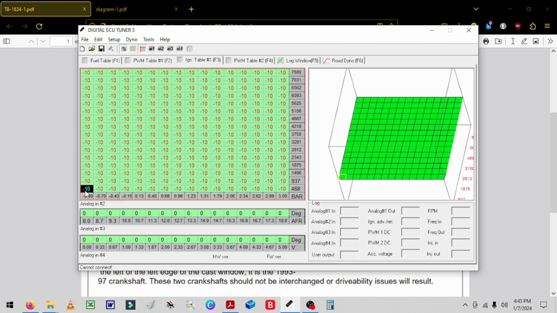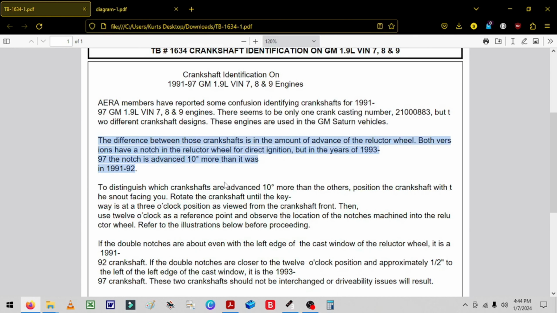So I just share that with you because that's a viable thing that you could do by putting those cranks in there, making the swap from the late year model crank into your first gen if you have a first gen Saturn. Okay.